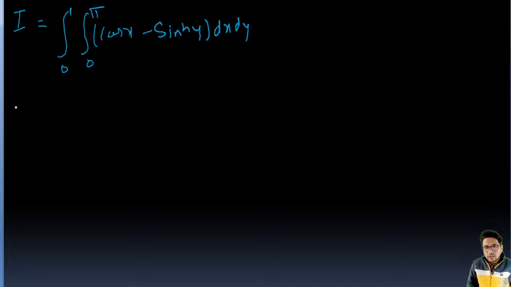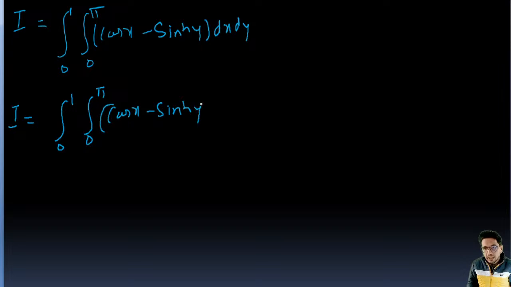Then the value of I is going to be 0 to 1, 0 to pi. We integrate cos x minus sine hyperbolic y dx first, and then dy.